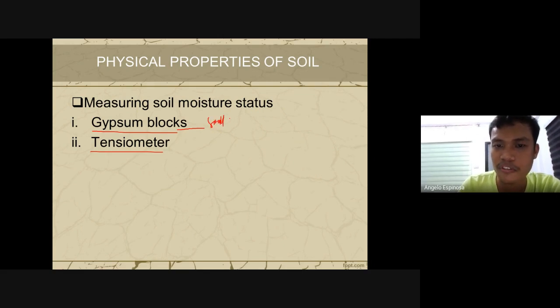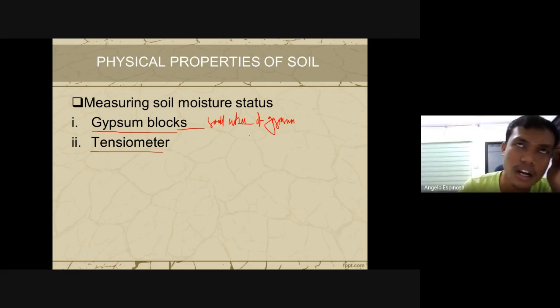Small cubes of gypsum that are connected to wires and buried at specified depths of the soil where water status is to be monitored. So it is connected by a wire and then buried kung saan ma-monitor yung water status.